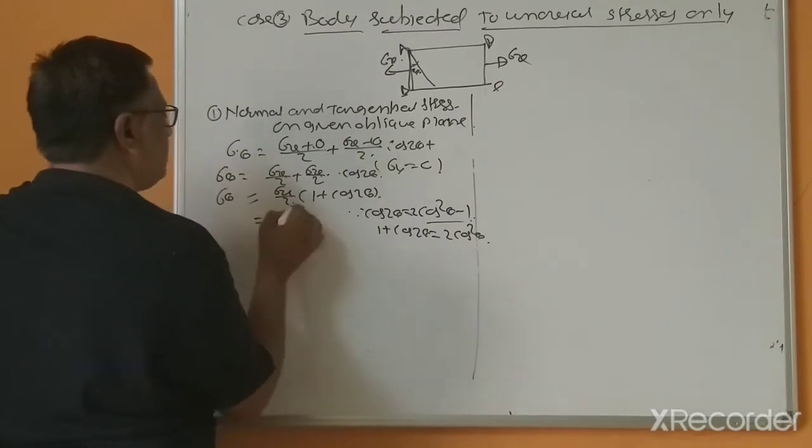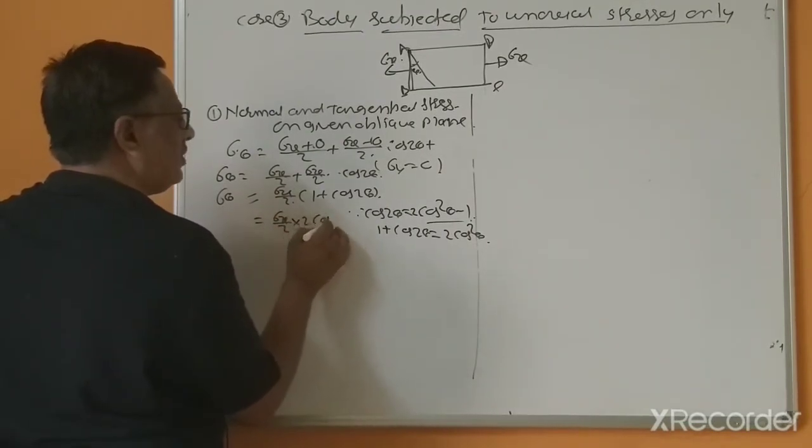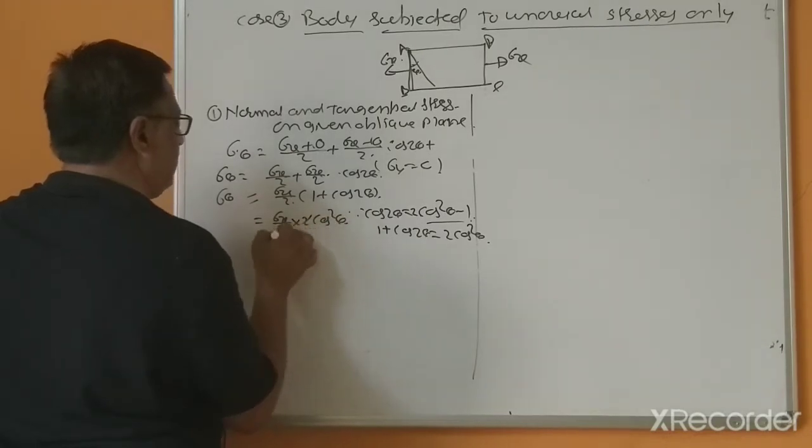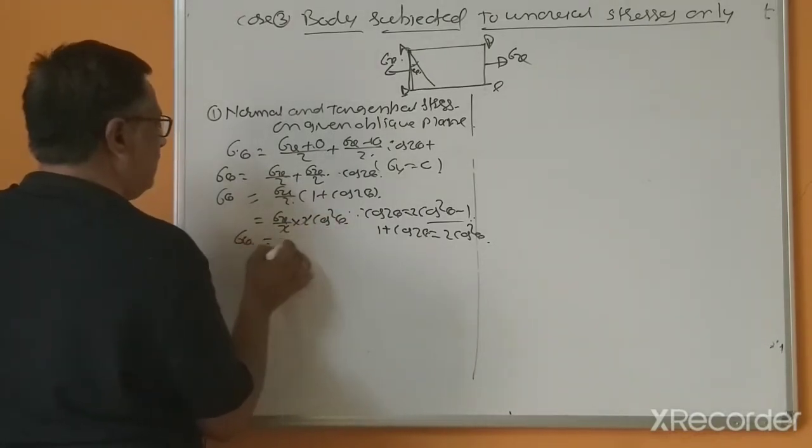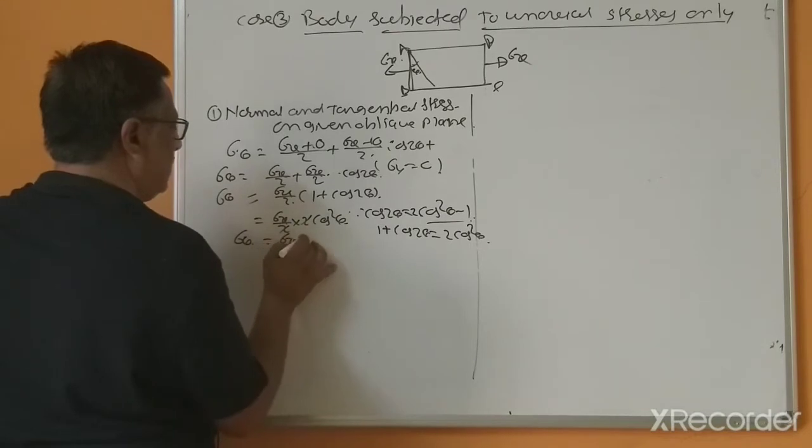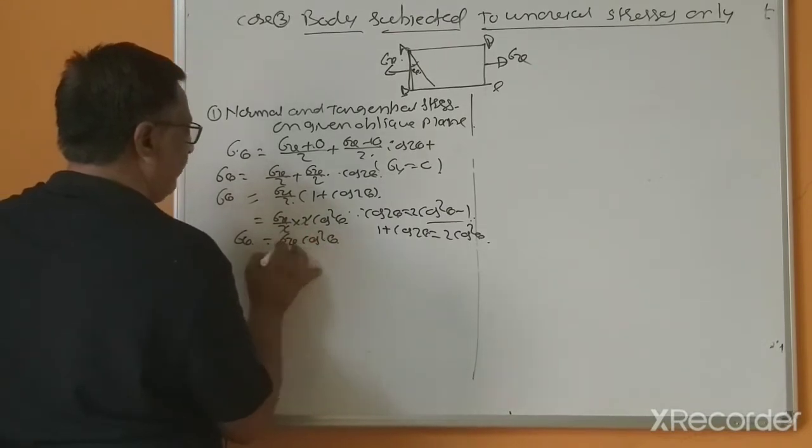So here we can write cos square theta, this will get cancelled, and sigma theta equal to sigma x cos square theta.